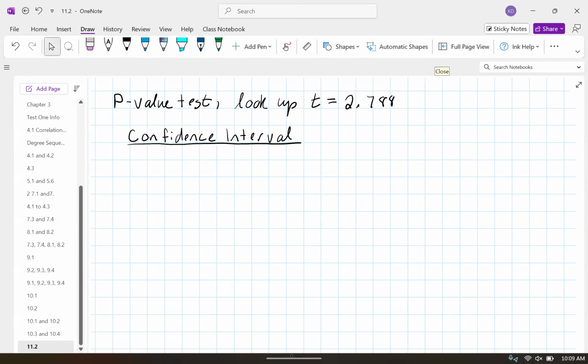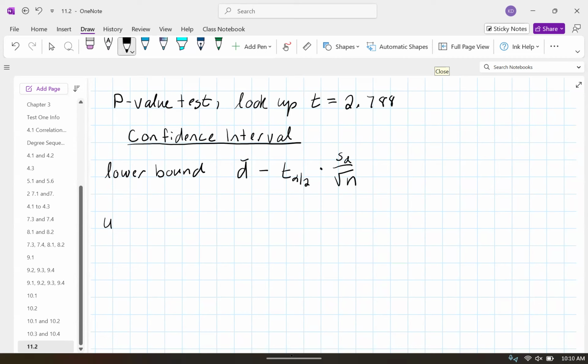So our lower bound: we get our difference minus t of alpha over 2, so you look that up, times your standard deviation over root n.